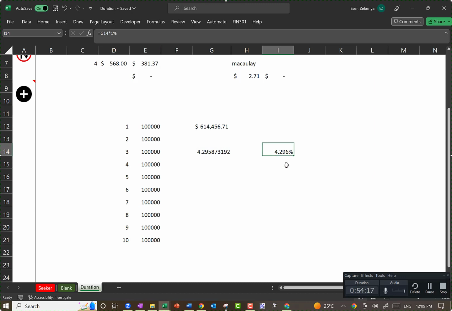If mortgage rates went from 10% to 11%, the value of this mortgage is going to decline by 4.25%, which is a lot of money.